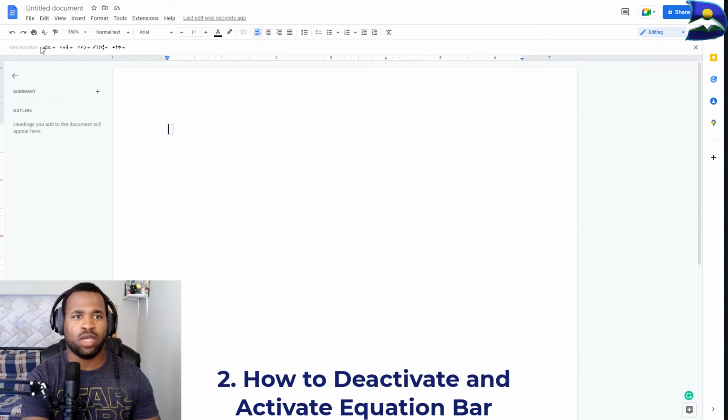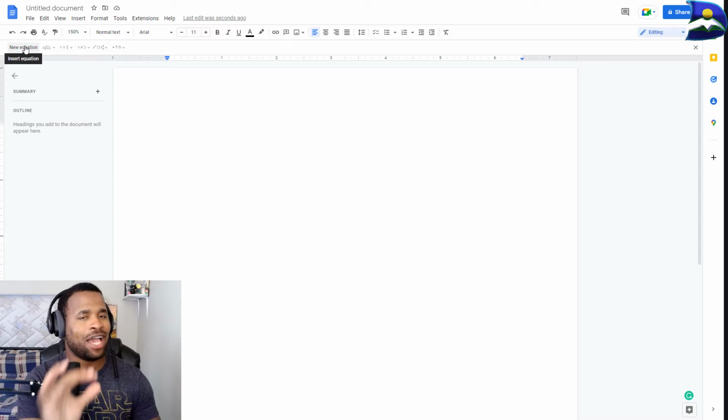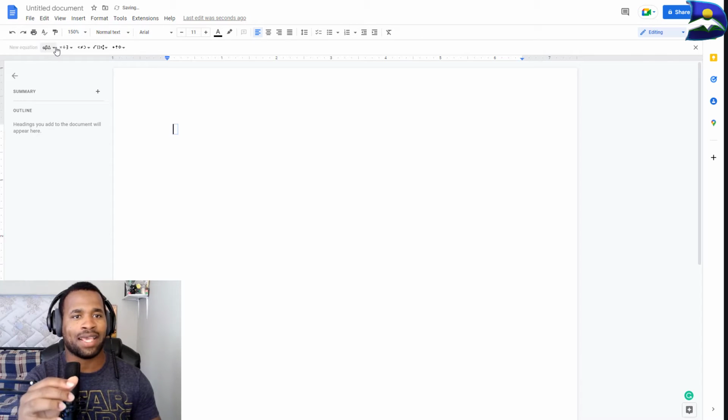For reactivation, when you're done typing a specific equation or operation and want to move on to the next part, you see that this here is deactivated and this here is activated. To activate it, all you need to do is click on new equations and you will gain access to all the features here.